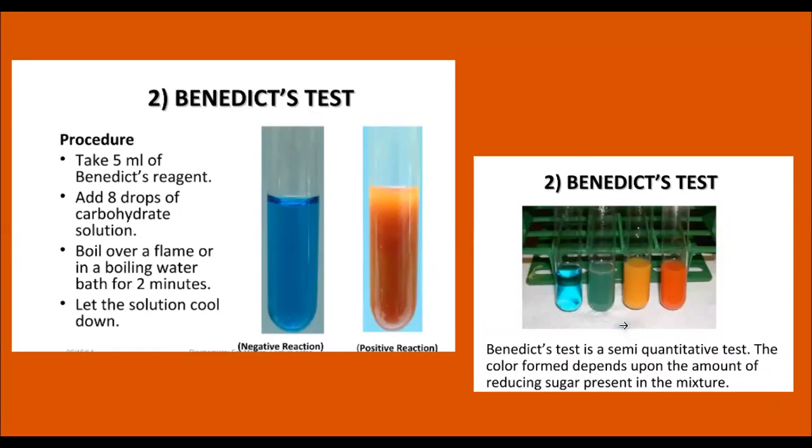If it is a little more, it will be orange in color. And if it is high, then it is around a brick red color. Okay. So that is why it is called semi-quantitative. Depending on the amount of reducing sugar present, the color change will vary.